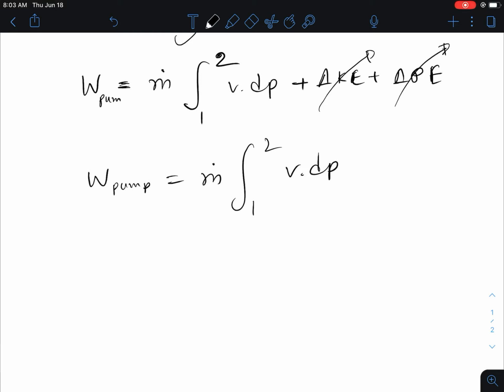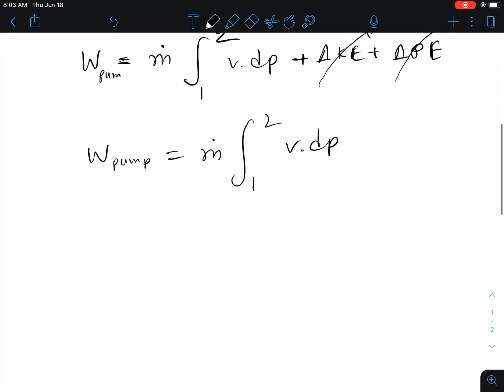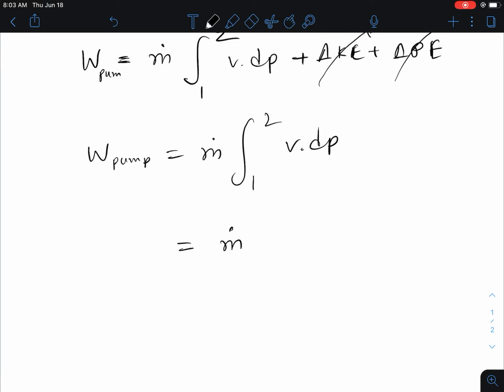So that's the equation. Now it's a pump, and the volume is not changing, the volume is constant, right? So if we assume that this volume is constant, then the integration will become mass flow times the volume times P2 minus P1.